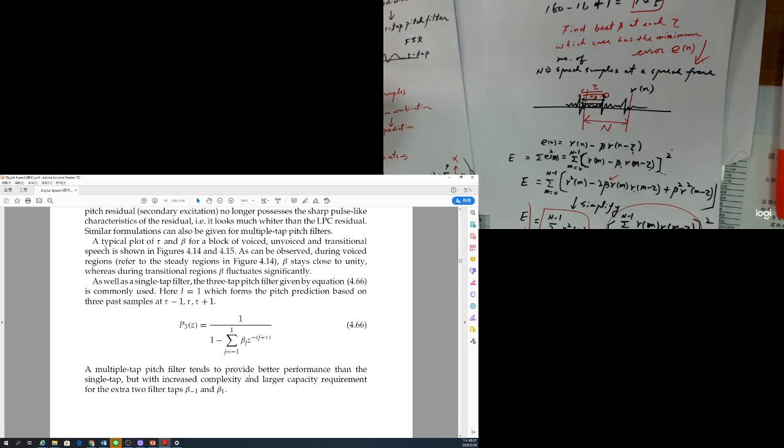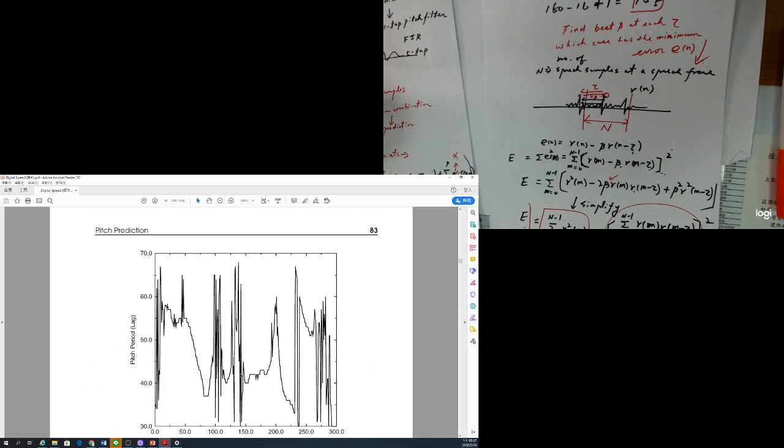Most of the standards have multiple taps to do the work. However, they use a single tap to do the prediction first, to find the approximate location and approximate tau, and then based on that approximate tau, look at the neighboring points with multiple taps and do it a second time.